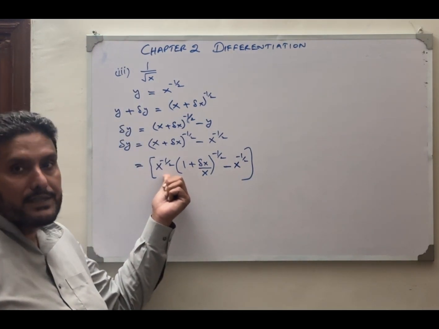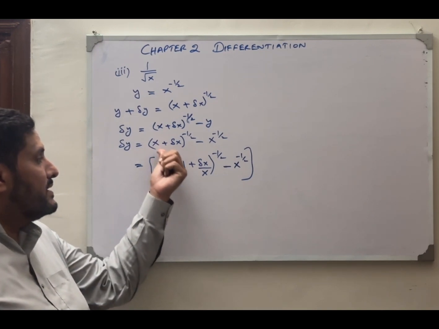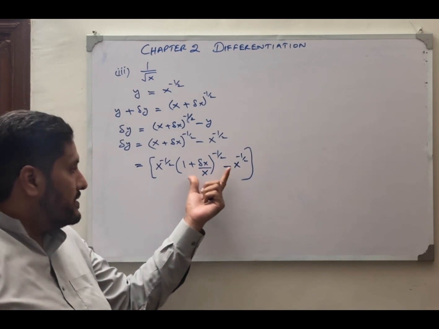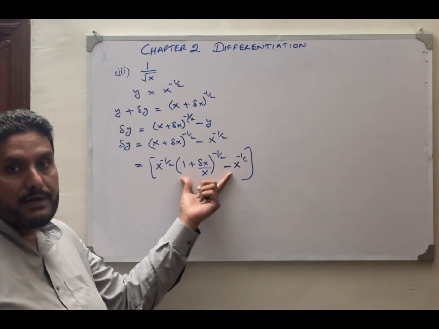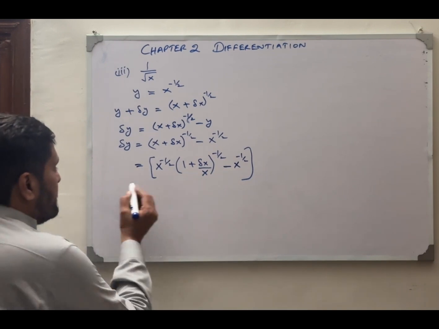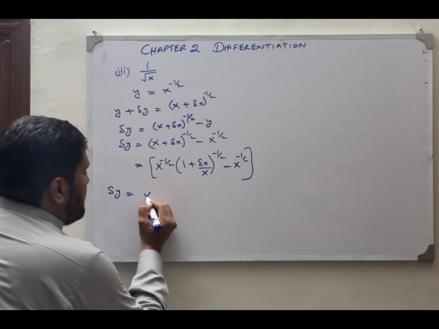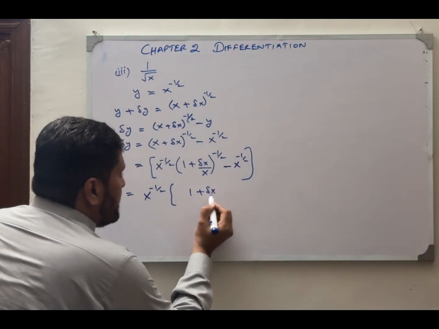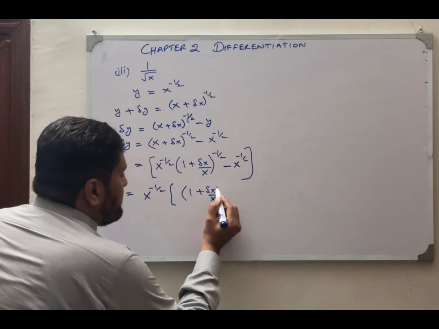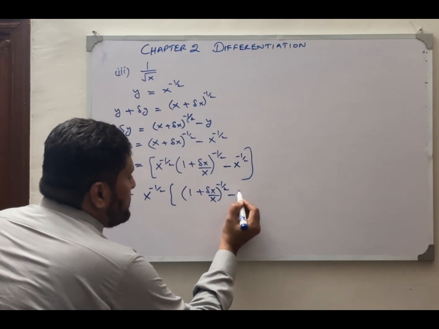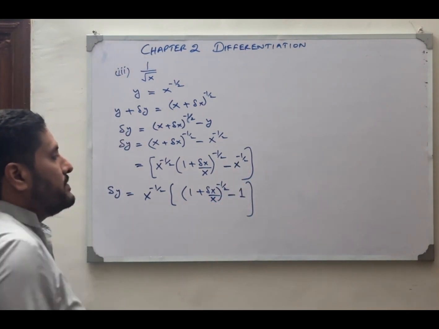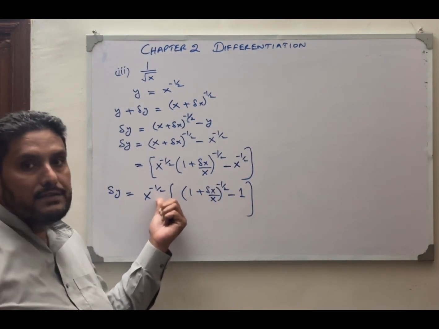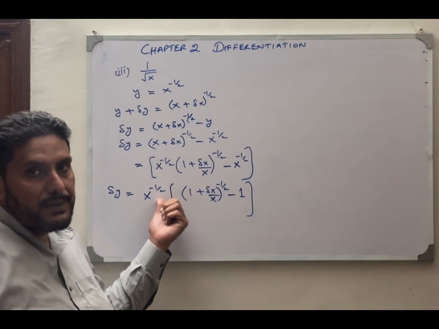We take x power minus 1 by 2 common from this term, and x power minus 1 by 2 is in both the terms, so we take x power minus 1 by 2 common. So delta y is equal to x power minus 1 by 2 into 1 plus delta x by x whole power minus 1 by 2, and in place of x power minus 1 by 2 we write minus 1 because x power minus 1 by 2 is taken as a common.